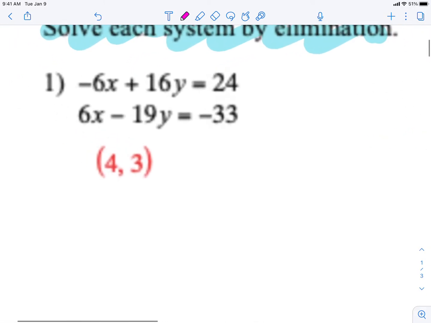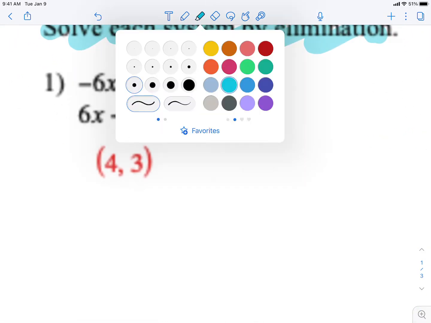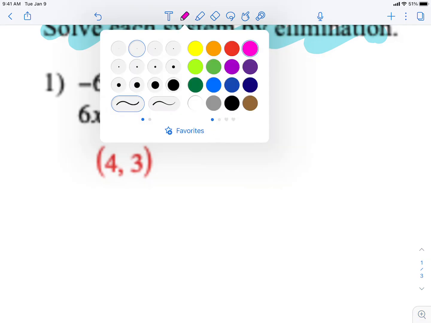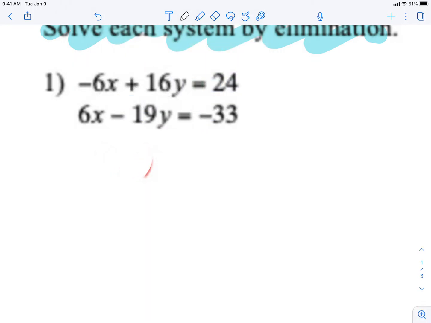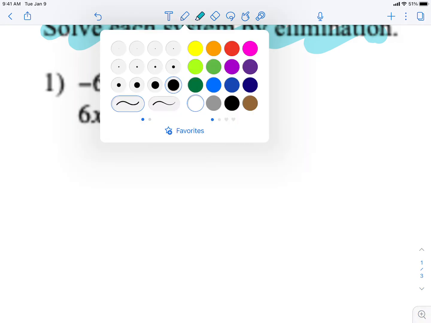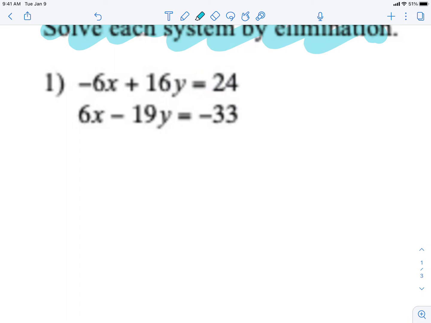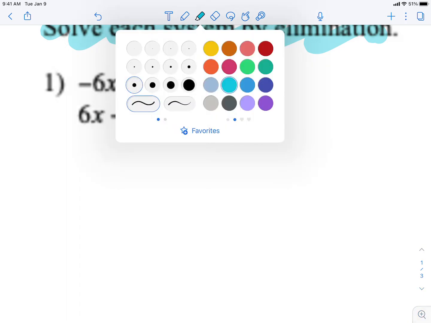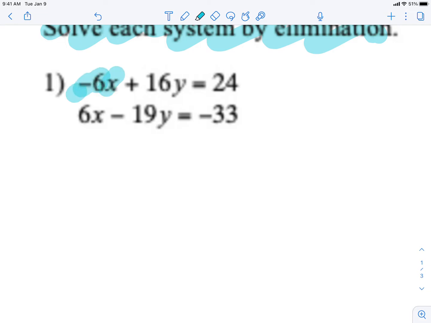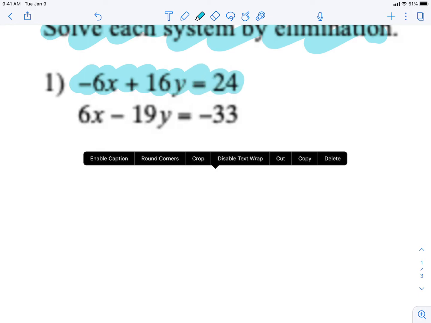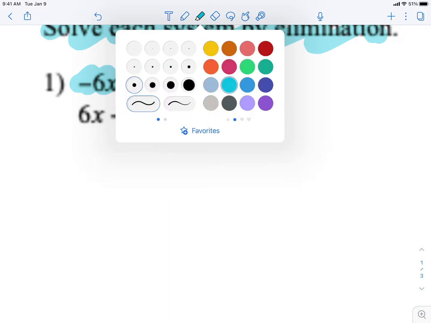All right. So on this one here, let's take this out of the way, and there we go. As always for these kinds of problems, I will highlight each equation.